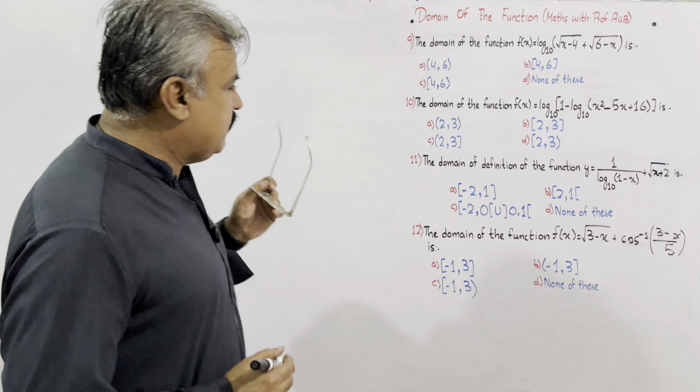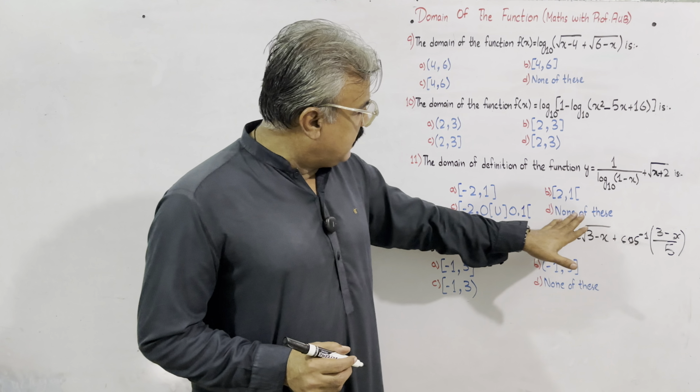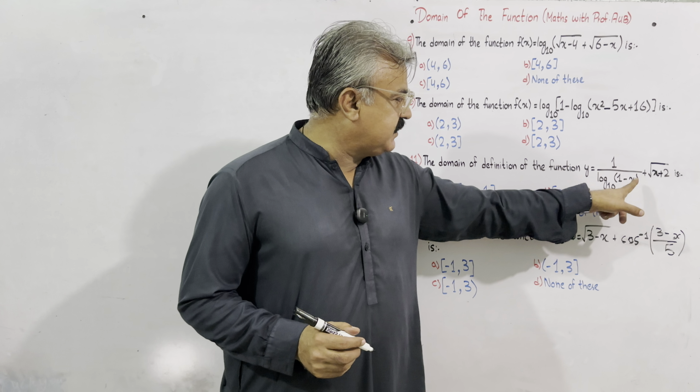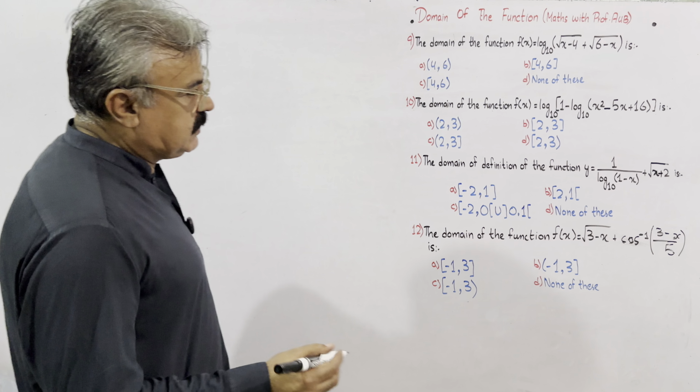Our question number 11 goes as: the domain of the definition of the function comprises two parts. One is 1 over log of 1 minus x at the base 10, plus the square root of x plus 2.